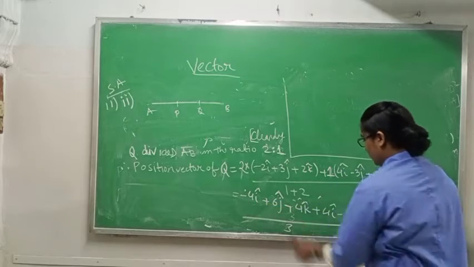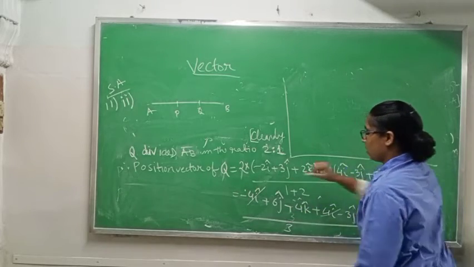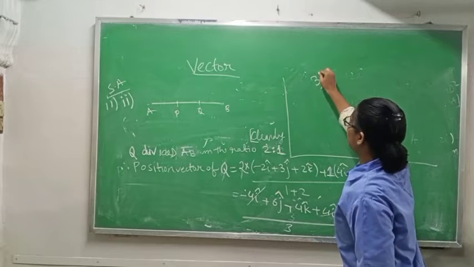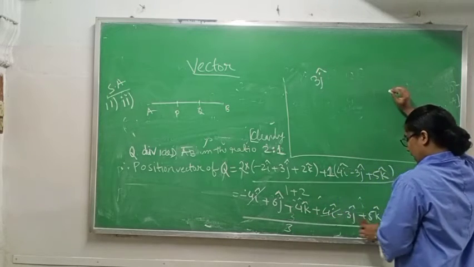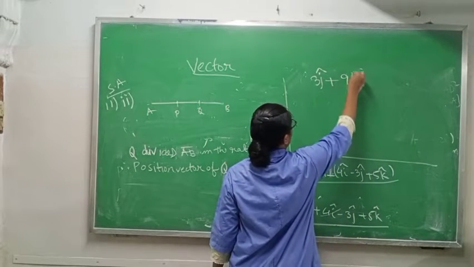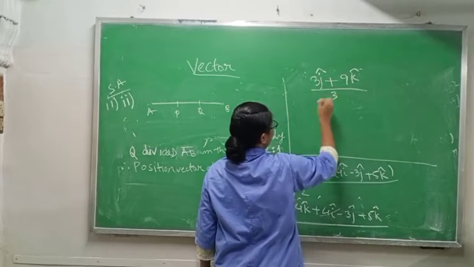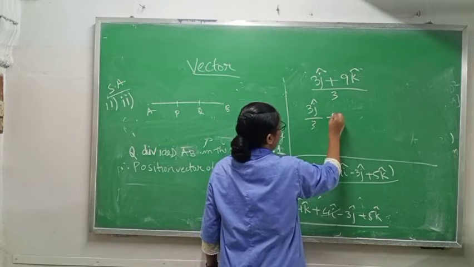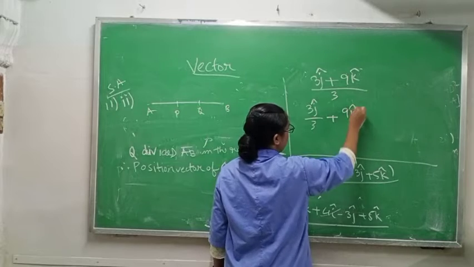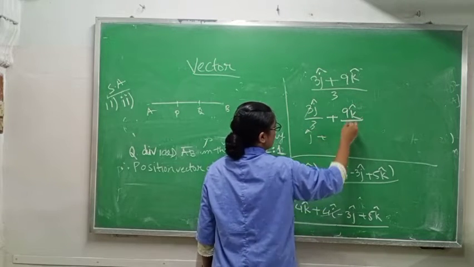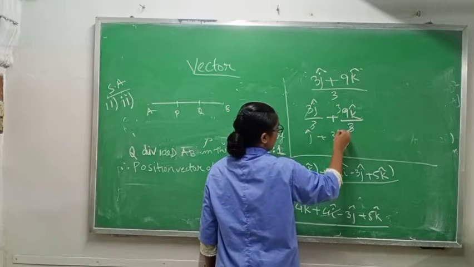Now minus 4i plus 4i will cancel out. 6j minus 3j will give you 3j cap, plus 4k cap plus 5k cap will give you 9k cap, divided by 3. Now this 3 will separate with j and k. 3 ones are 3. So I am getting j cap plus 3k cap.